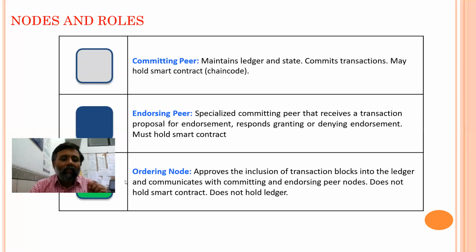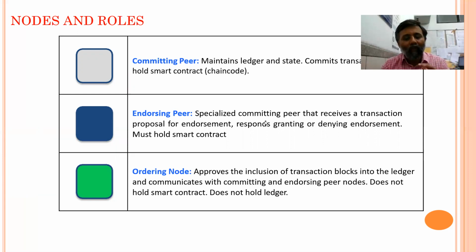Then the ordering nodes, as I said, perform a certain kind of ordering, which is different from a Bitcoin network, where a transaction is taken and then added to the blockchain. I will talk about that later. They approve the inclusion of a transaction block into the ledger and communicate with the committing and endorsing peer nodes. They don't hold any smart contract and don't hold any ledger.